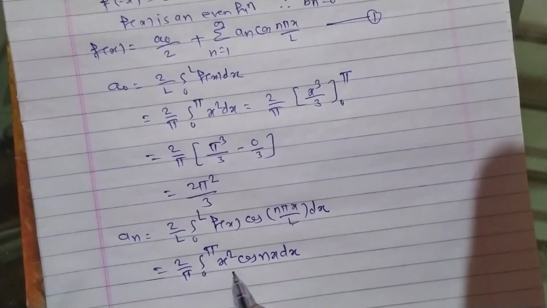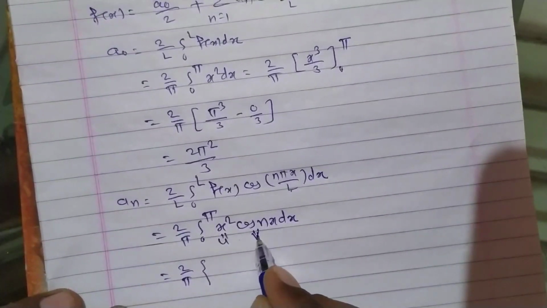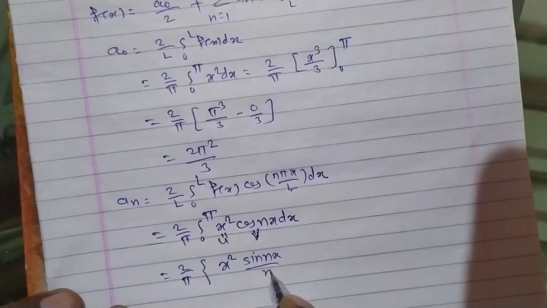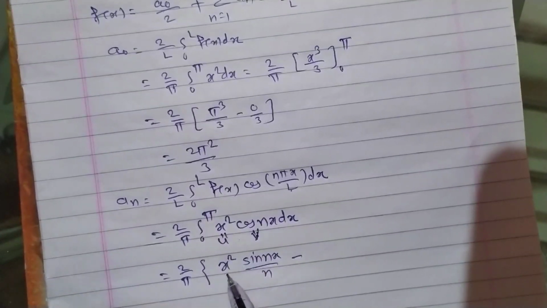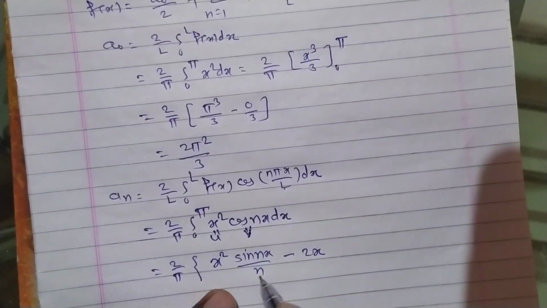Now how do we find the integration of x² cos nx using the u·v rule? You have to use the generalized rule of integration by parts. Suppose u = x² and v = cos nx. We know the formula: integral of uv is u v1, with u as it is, that is x², and v1 the integration of v. So the integration of cos nx is sin nx upon n, minus u' the derivative of u, that is 2x, into v2 the integration of v1.